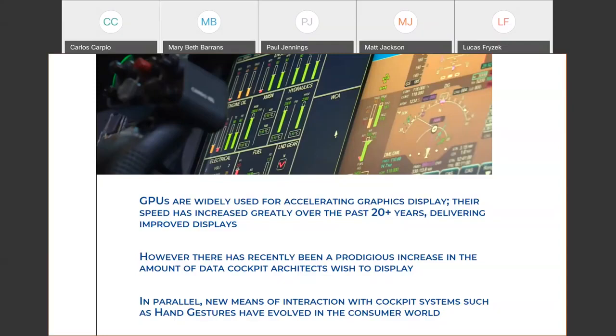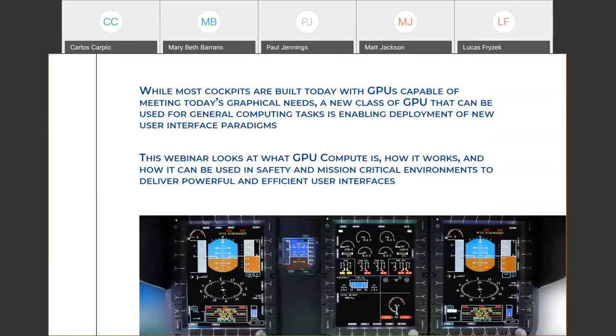And because of their increased sophistication, detecting those gestures or following our eyes or watching our head movements, displaying the augmented vision that is becoming common in cockpits today, all of that requires more capability in the compute systems that are behind the glass.